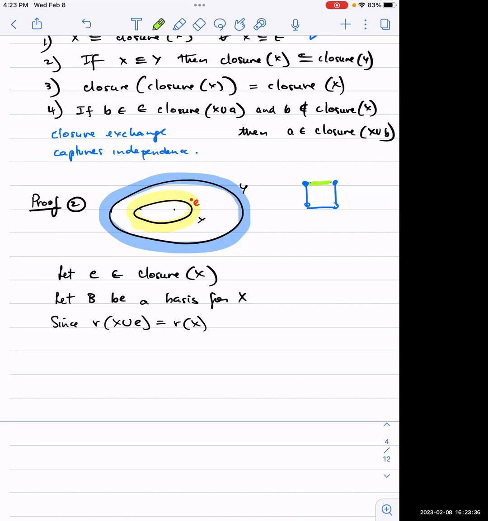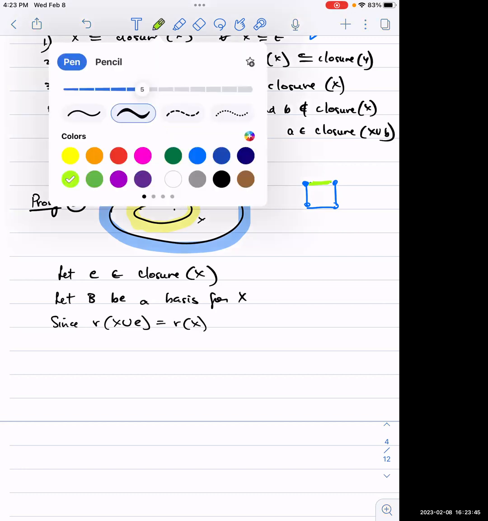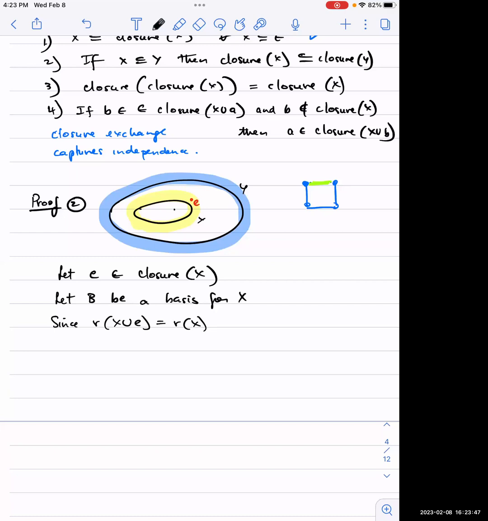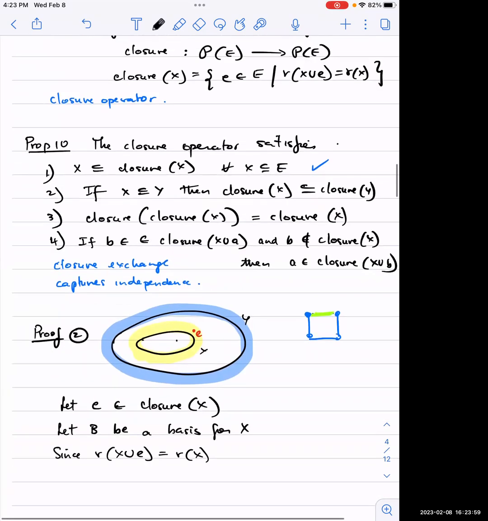So rank of the blue edges together with the green edge would still be 3. So that's one example to keep in mind. So if E is in the closure of X, then rank of X union E is equal to rank of X. And that's how it's defined up here. Closure of X is the set of all members that don't increase the rank.